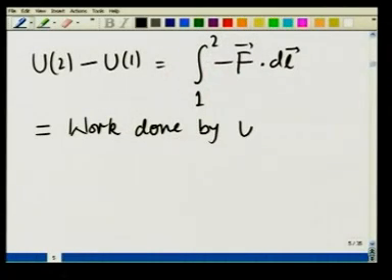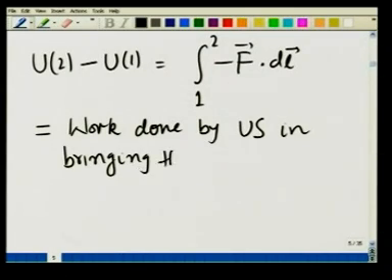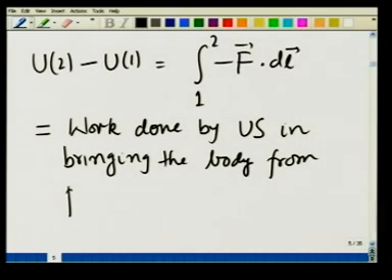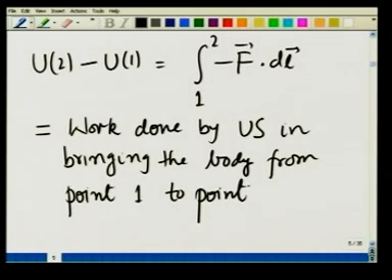done by us in bringing the body or mass m from point 1 to point 2, and again this is true for conservative forces.